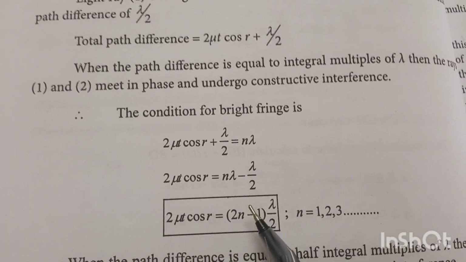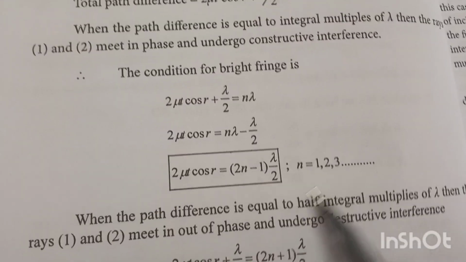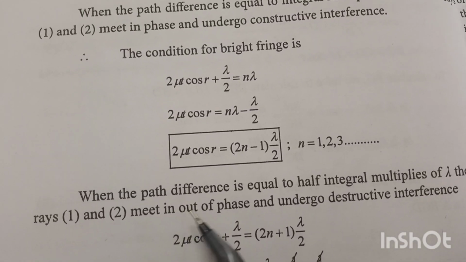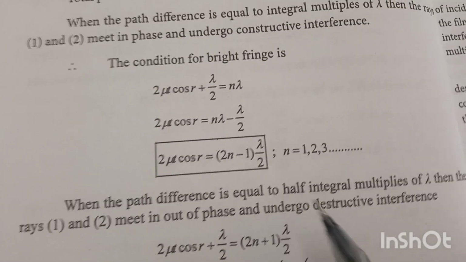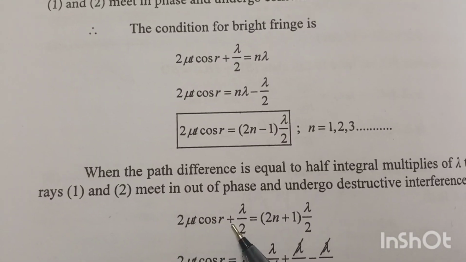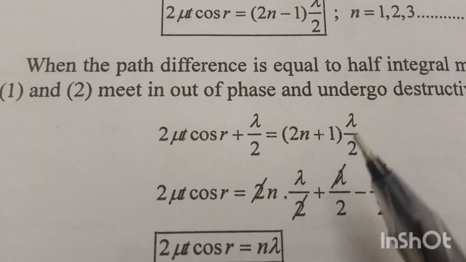Suppose you take destructive interference: when the path difference is equal to half integral multiples of wavelength, then light rays 1 and 2 meet out of phase and undergo destructive interference. So that is 2 mu T cos R plus lambda by 2 is equal to 2n plus 1 into lambda by 2.